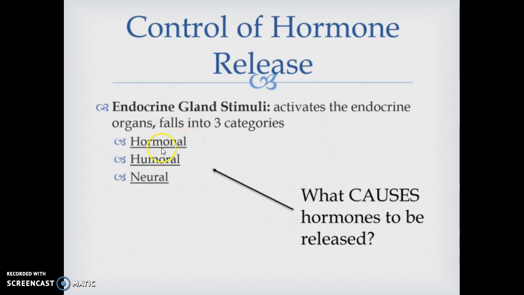A hormonal stimulus, a humoral stimulus, and a neural stimulus. These are the things that actually cause hormones to be released. To clarify a few things first off before we get going, hormonal means a hormone. Humoral is referencing a fluid, and neural would be referencing the nervous system.